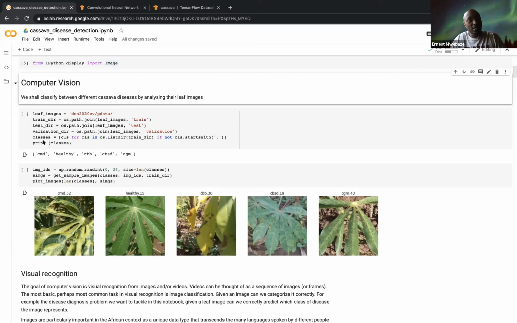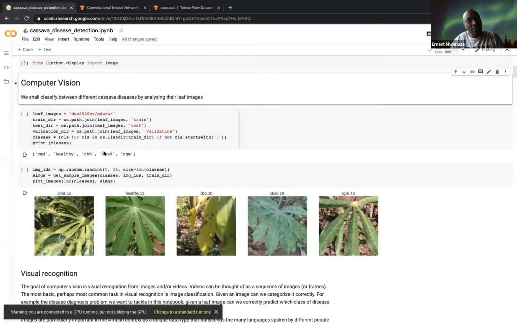And these are the diseases. You have cassava mosaic disease, which is the CMD here. You have the healthy class. You have cassava bacterial blight, which is CBB. And then CBSD, the cassava brown streak disease. And then cassava green mite. So you have several diseases. John only looked at plotting one disease, which was CBSD.